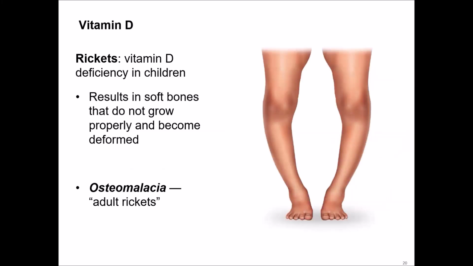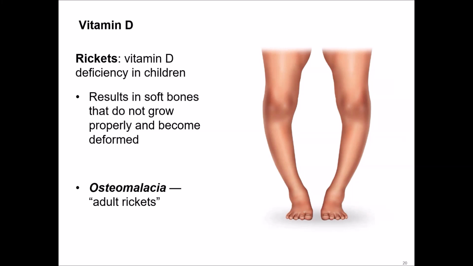If we don't have enough vitamin D in children, there's a condition known as rickets. It's basically a result of not storing up enough calcium, so the bones become weakened, right? You're lacking that mineral matrix in the bones, the calcium and the phosphate mineral that creates those strong bones.